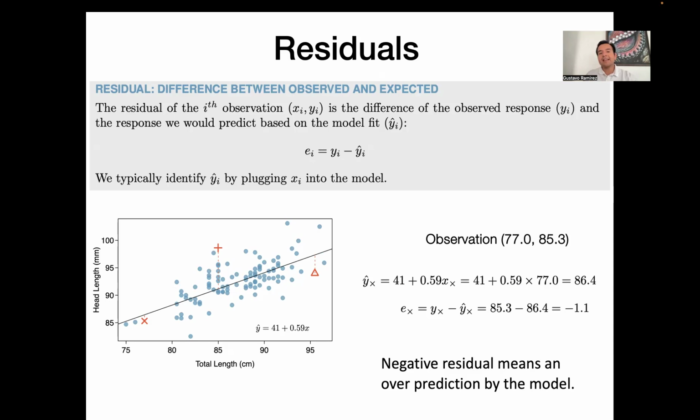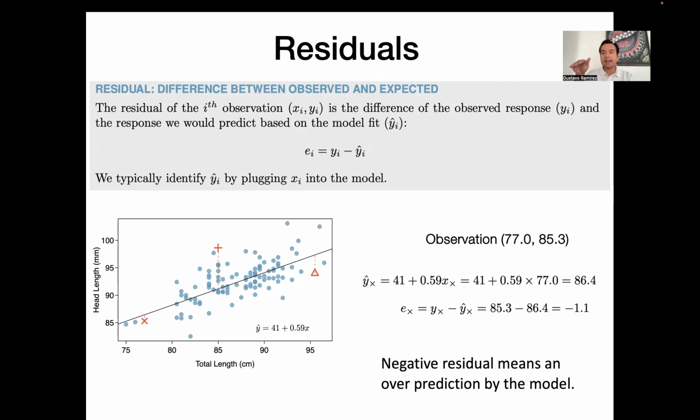Again, we write that as e sub i equals y i, which would be an actual observation of head length for a given body length, right? Minus y hat i, which is the predicted value of head length for that same body length, for which you have a true head length measurement.